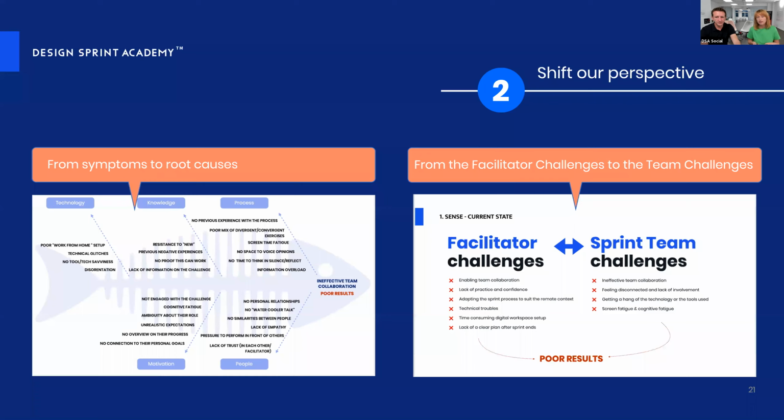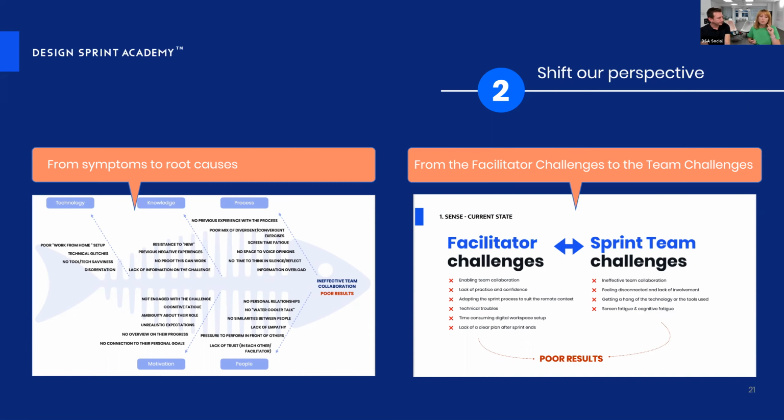And not only that, we also wanted to shift our perspective: what are the challenges of a facilitator versus what are the team sprint challenges. And to our surprise, or maybe not so much surprise, they differ. They are not the same. What we as facilitators fear or find difficult might not feel the same way on the other side when it comes to your sprinting.